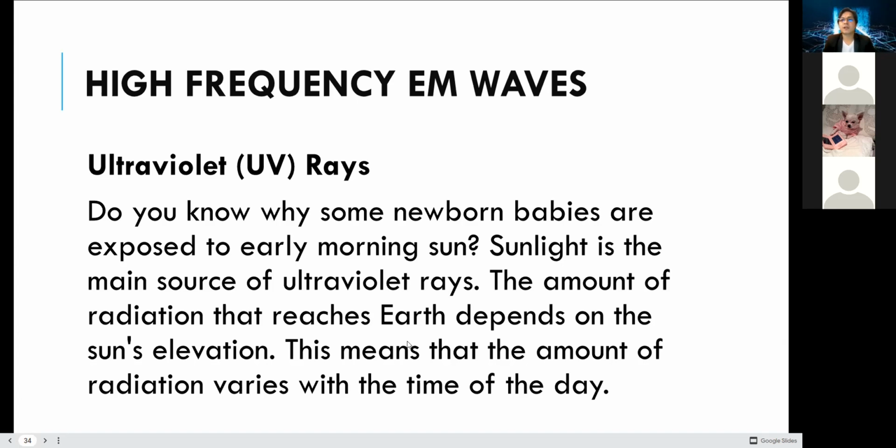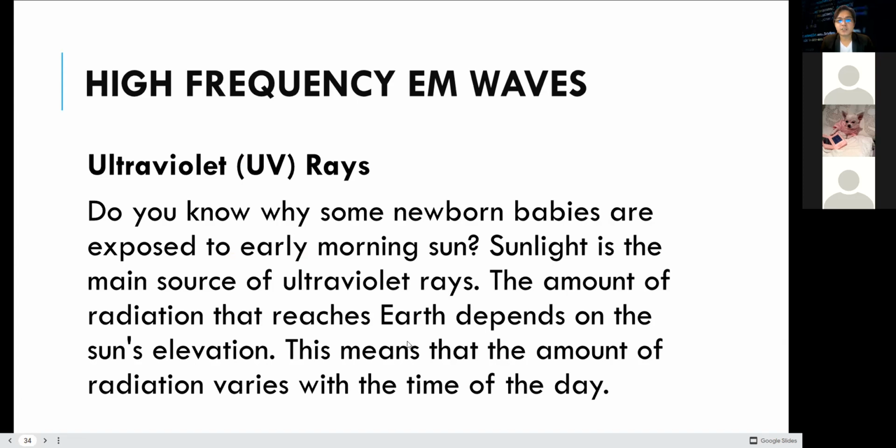Usually, you let them lie down on your arms, correct? But then again, you need to cover the eyes. Remember that your eyes are really sensitive to EM waves or these ultraviolet waves. It can cause serious damage to the retina and the cornea of the eyes.